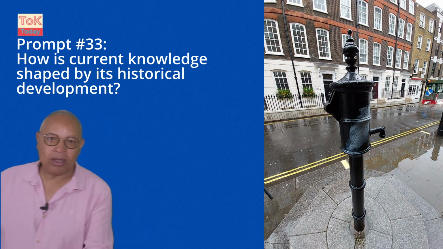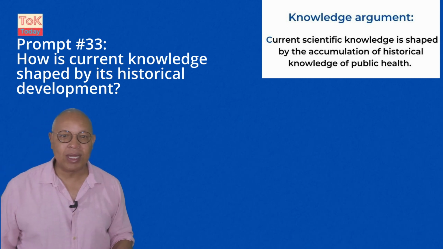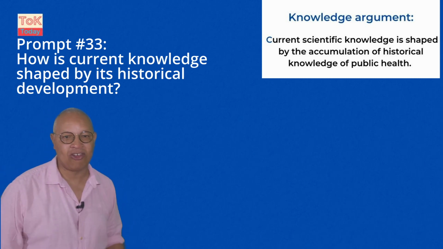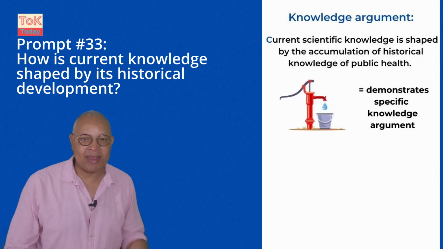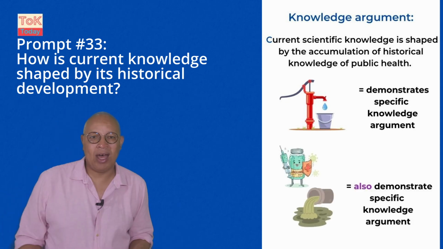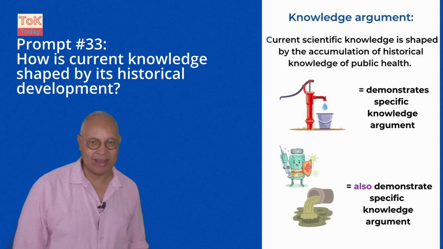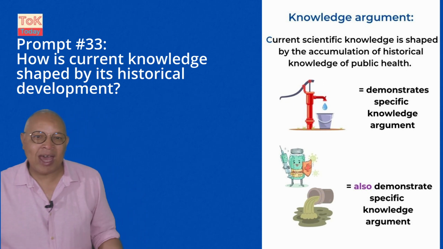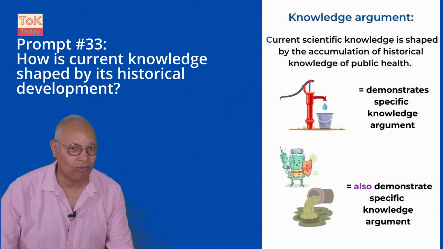And they were developing the knowledge argument that current scientific knowledge is shaped by the accumulation of historical knowledge of public health. Now, could another object represent this knowledge argument as well as the hand pump? Sure, there are other objects that could be used, such as the Victorian sewers in London, an mRNA vaccine, or the first use of disinfectant on a hospital ward.